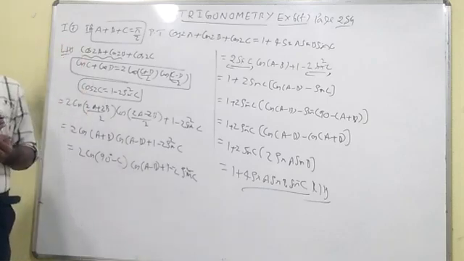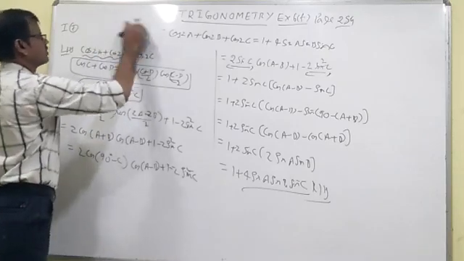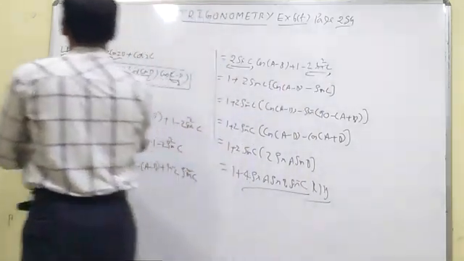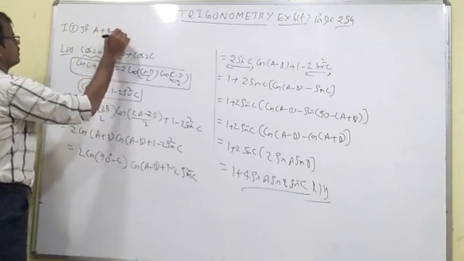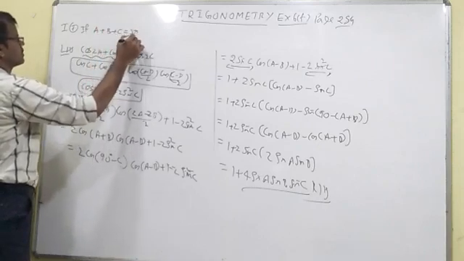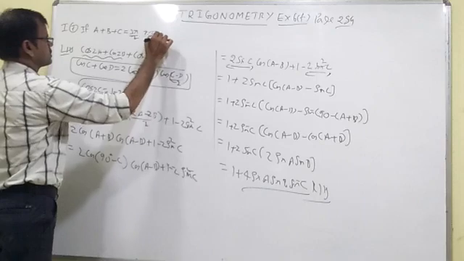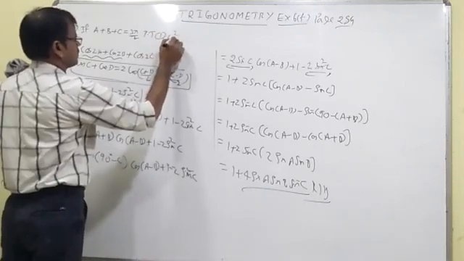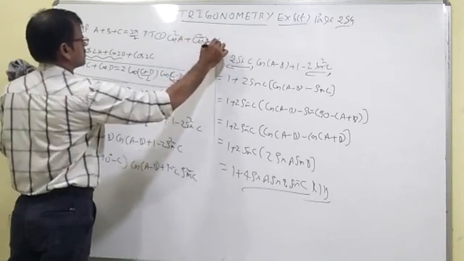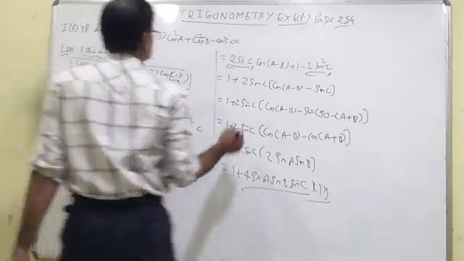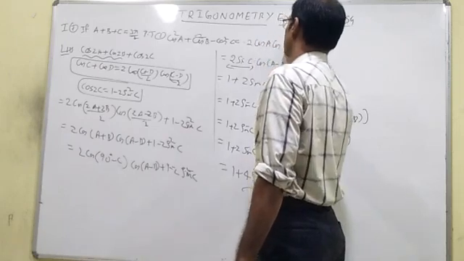Condition: if a plus b plus c is equal to 3 by 2, prove that first one: cos square a plus cos square b minus cos square c is equal to minus 2 cos a cos b sin c.